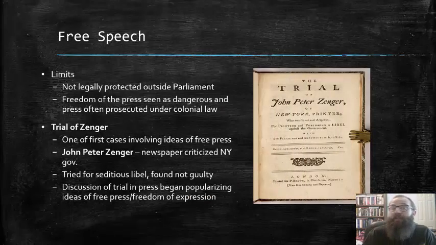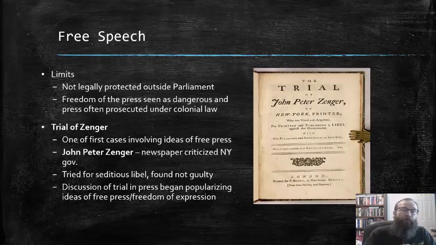Ideas of free speech increasingly came up for debate in 18th century British North America. It must be understood that prior to this period, free speech was not a right that was understood to be protected for the people. There were limits placed on free speech. Outside of the walls of Parliament, free speech was not legally protected. Inside of Parliament, free speech was thought of as necessary for open and honest debate.